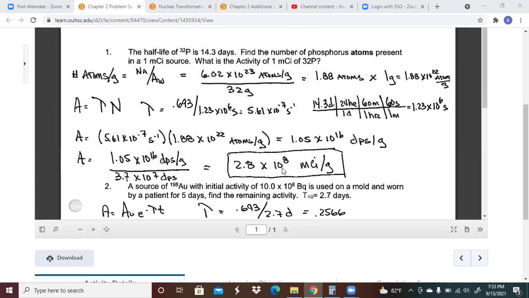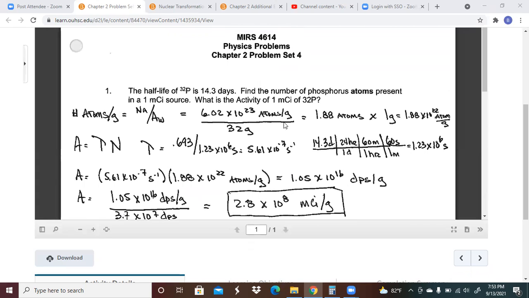Then we end up with 2.8 times 10 to the 8th millicuries per gram. Now, we're not exactly sure how many grams that we have at the beginning, but for however many grams that we do end up with, this is what the activity is going to be.